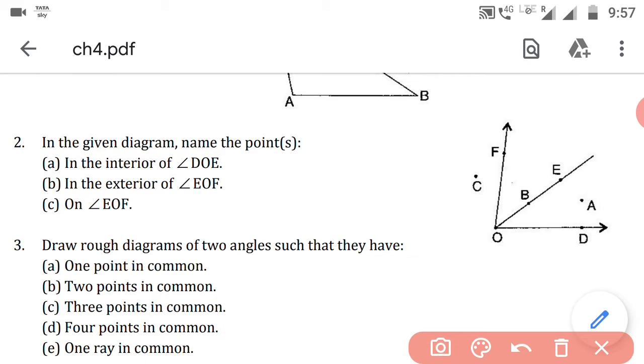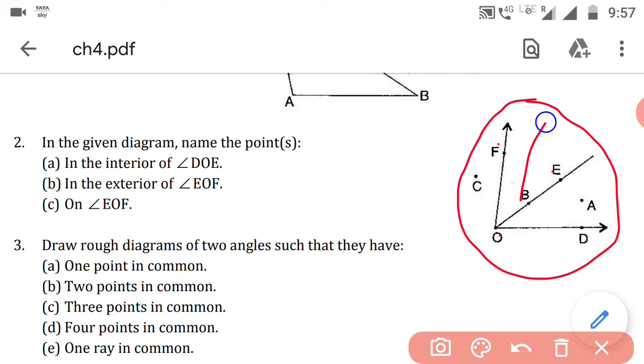In the interior of angle DOE, we have to name the points by looking at the given figure. And B question, in the exterior. Exterior means what? We know, isn't it? Outside of the angle. Exterior of angle EOF. Now we can see angle EOF. This is the angle, isn't it?